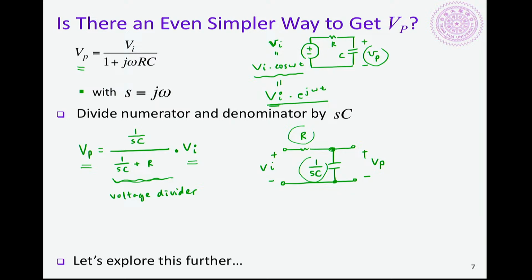This ratio is equal to 1 over SC divided by 1 over SC plus R. So if we take a look at the circuit, it looks like the resistor R is dividing the voltage with a capacitor which has an impedance of 1 over SC.